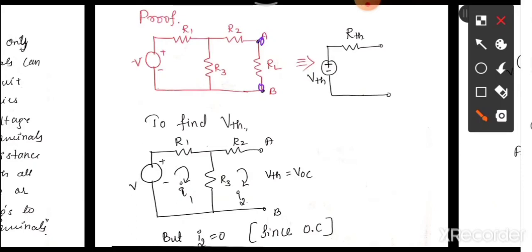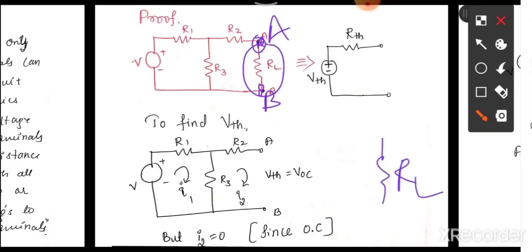What we have to do is note down the A and B terminals and remove this resistance, that is RL, and keep it aside. Then we have only these two terminals without this resistance, and this network, however complicated it may be, should be a linear one.